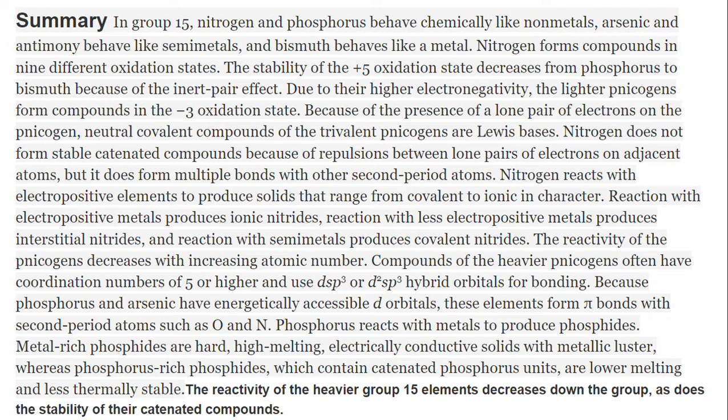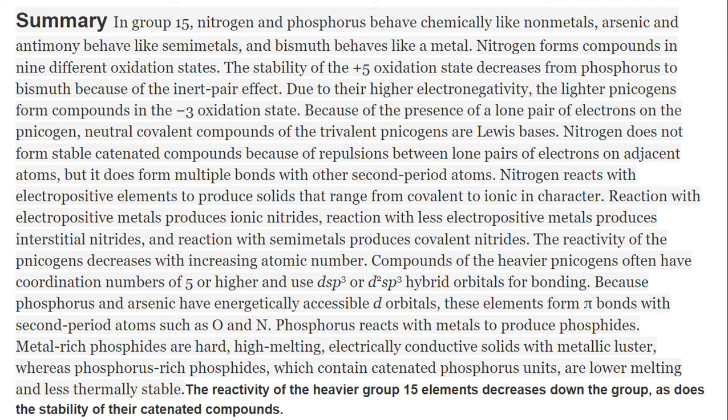Nitrogen reacts with electropositive elements to produce solids that range from covalent to ionic character. Reaction with electropositive metals produces ionic nitrides. Reaction with less electropositive metals produces interstitial nitrides, and reaction with semimetals produces covalent nitrides.